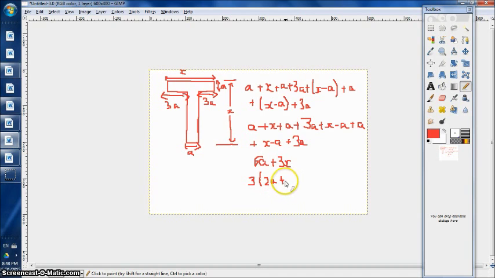So I have something like 3 into 2A plus X.